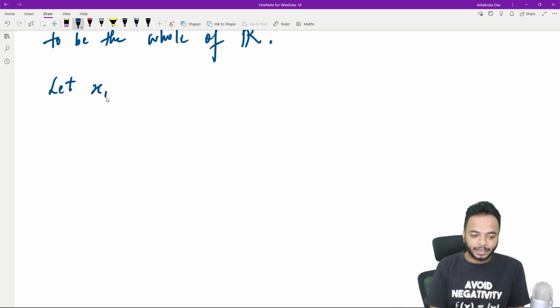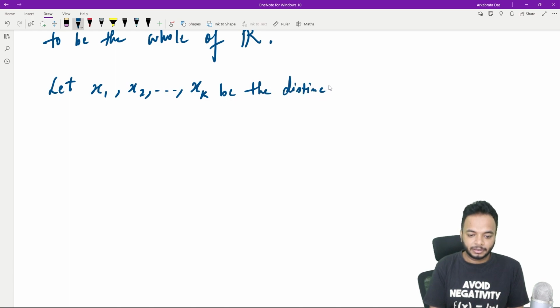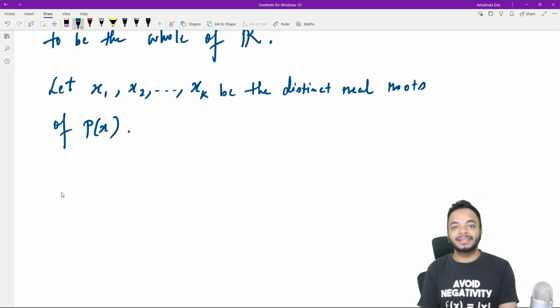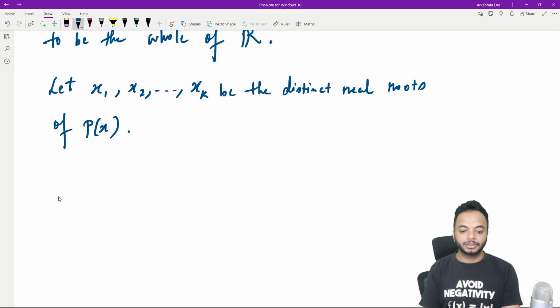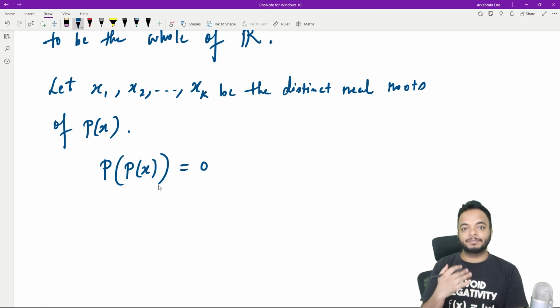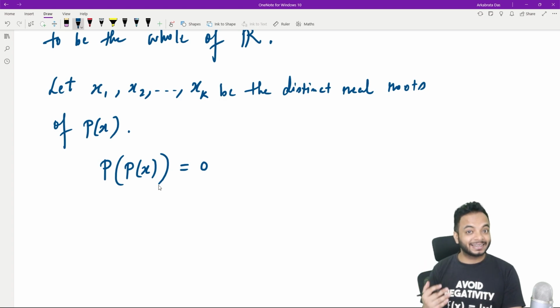Let x1, x2, ..., xk be the distinct real roots of p(x). Now I have to show that p(p(x)) = 0 has at least k distinct real roots.